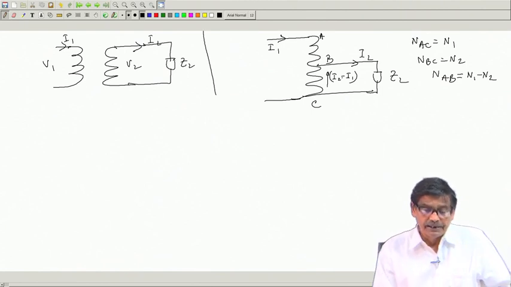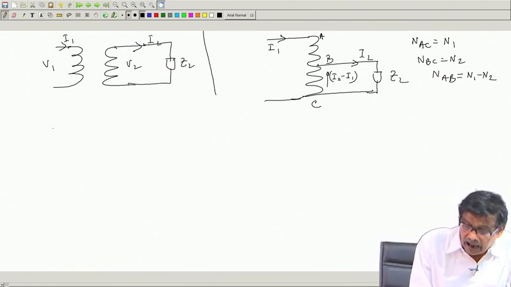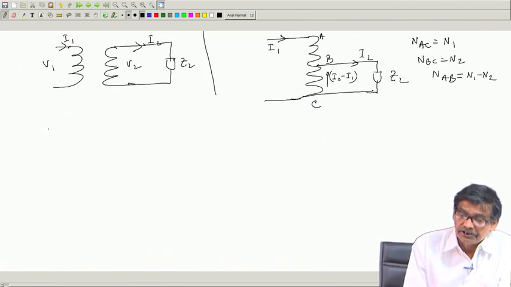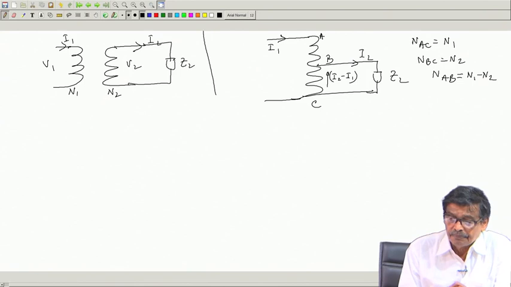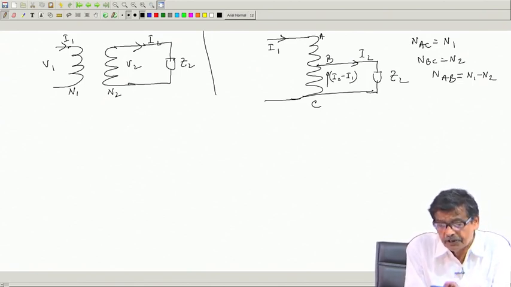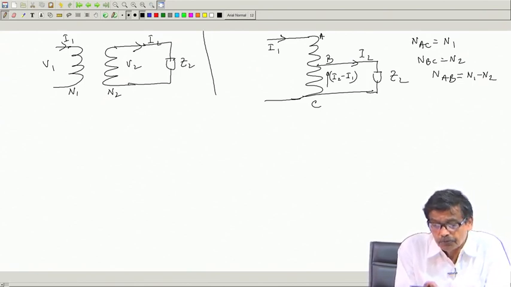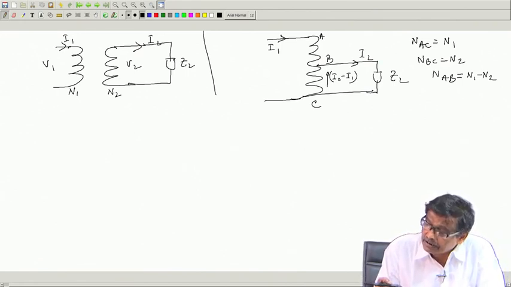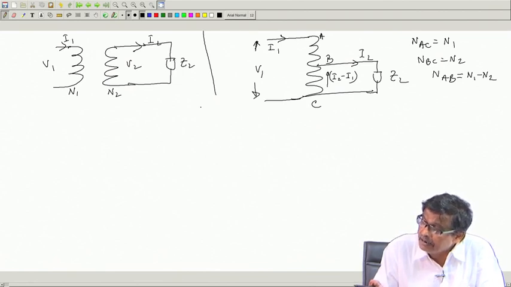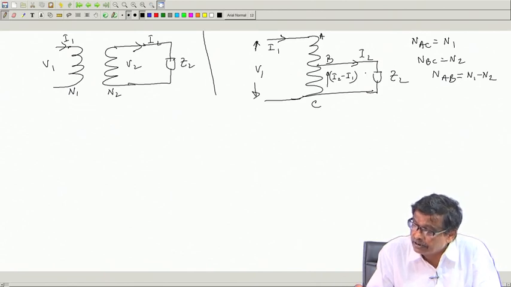Now, what I will be doing is this, I will try to find out these ratios. Here it is N1, here it is N2, because voltage per turn is V1 by N1, and output voltage will be V1 by N1 into N2. Here voltage per turn is once again V1 by N1, and this turn NBC is N2. So, V1 by N1 into N2 gives you this voltage V2.